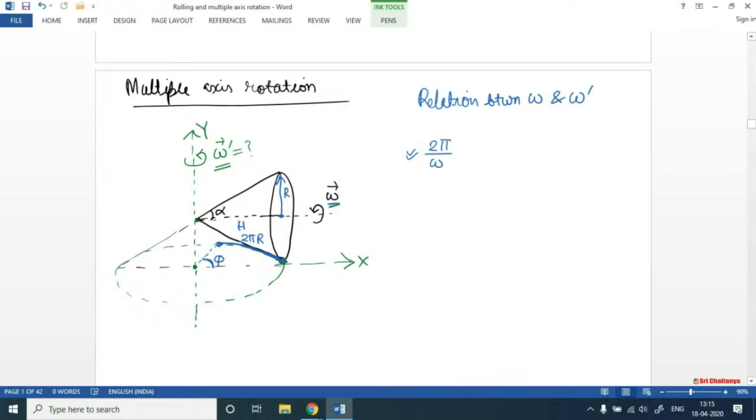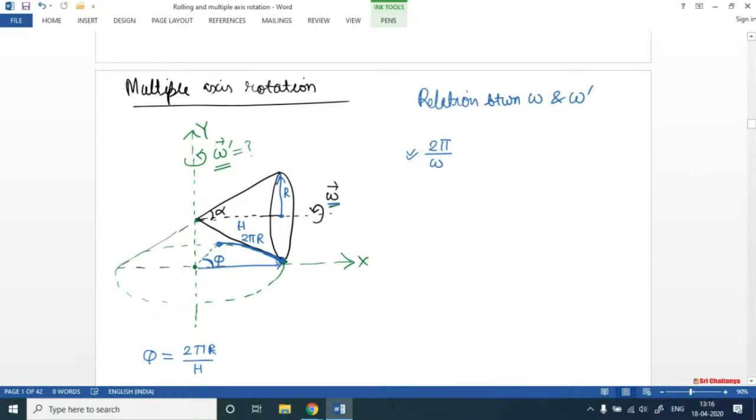So L by phi, you can say, phi would be, with this relationship we know, phi is equal to L, that is 2 pi r over here, and the radius of this circle is nothing but h, so phi is nothing but 2 pi r by h.